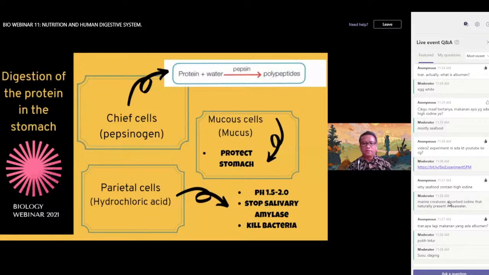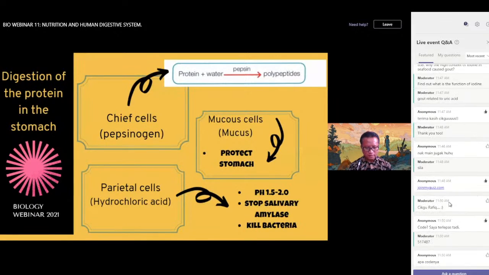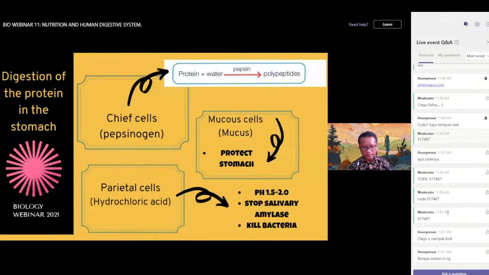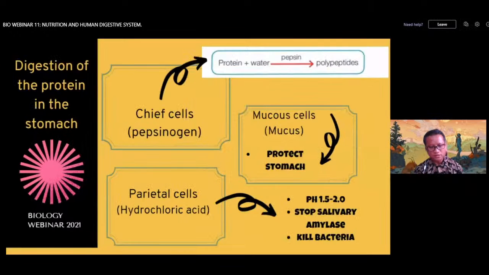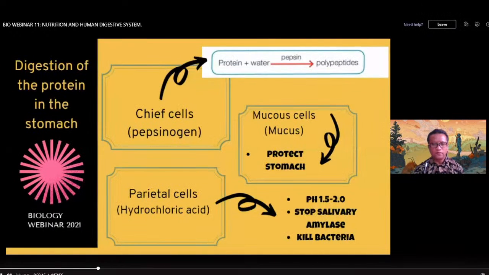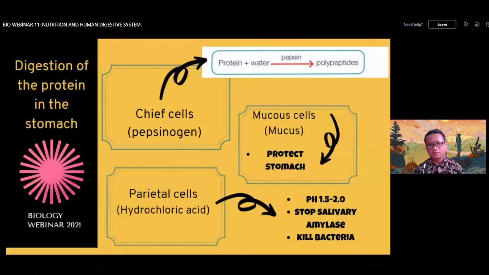The parietal cell will secrete hydrochloric acid. What is the function of hydrochloric acid? There are three main functions. In lower form, we know that acid is used to kill bacteria. Maybe some bacteria have infected your food, so with the help of HCl, it will help to kill the bacteria.